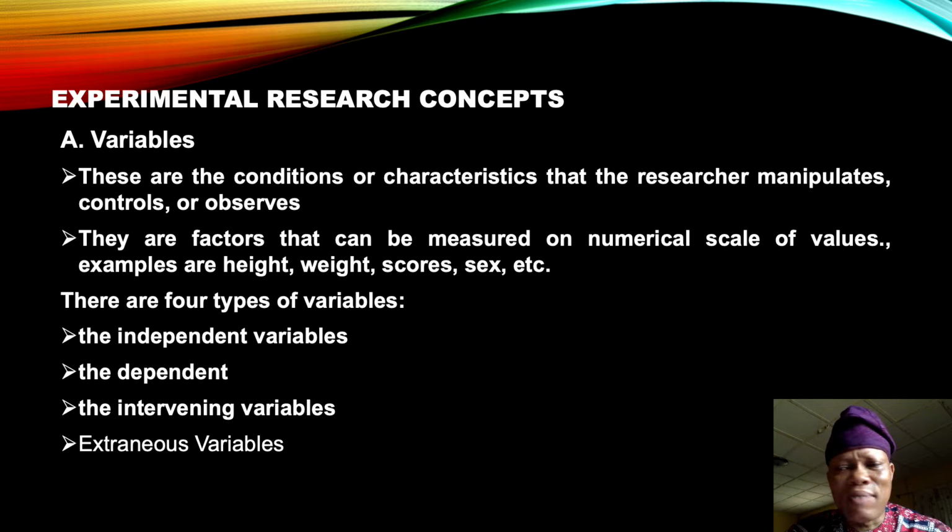Now, what are independent variables? These are the conditions or factors that the researcher manipulates or controls in his or her attempts to ascertain their relationship to observed phenomena. Now, the example I gave earlier, you want to know the effect of laboratory method on student academic achievement in your subject areas.